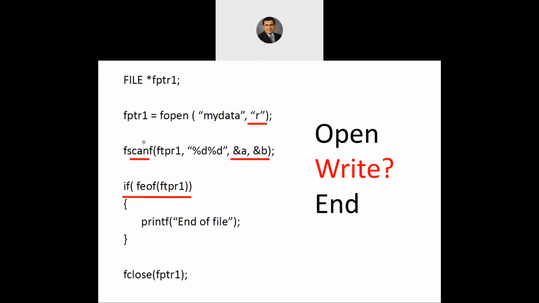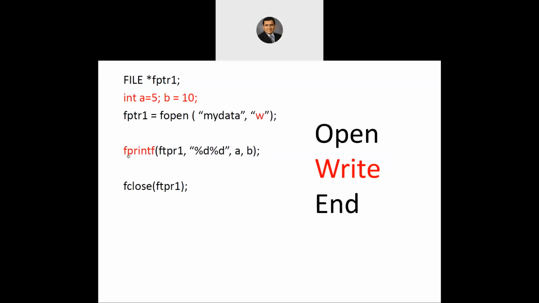That means, hey, I want you to read from a file. When you are writing, then you use fprintf. That means I want you to write to a file. That means write to mydata the value A and B. What is the value of A and B? 5 and 10. Put it inside the file without a space. Okay?